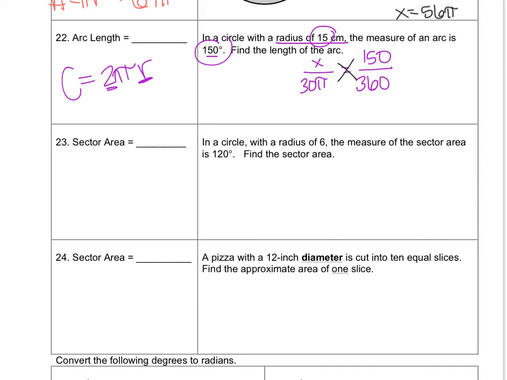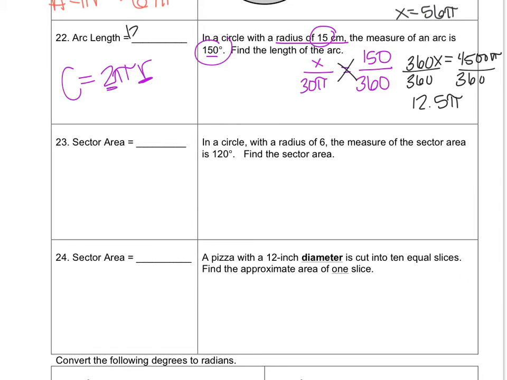So here we go, cross multiply. So I have 360x equals 150 times 30 is 4,500. Don't forget pi. Divide both sides by 360. And you're going to get 12.5 pi.